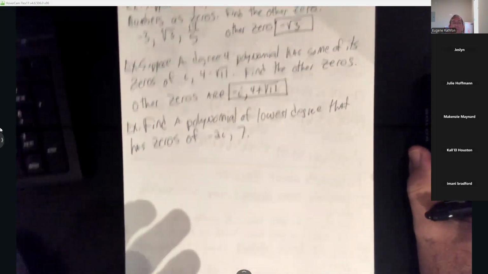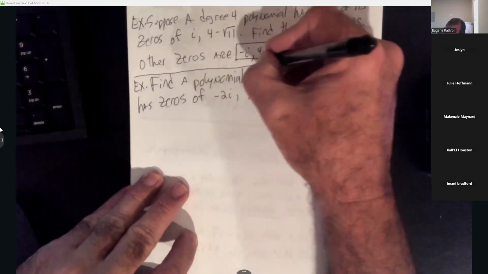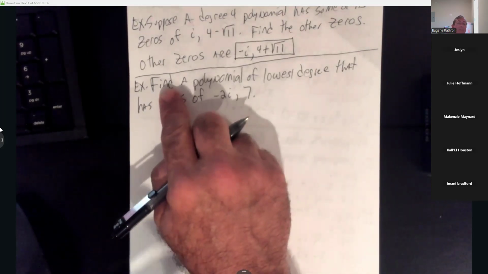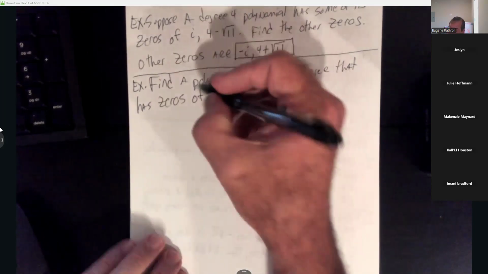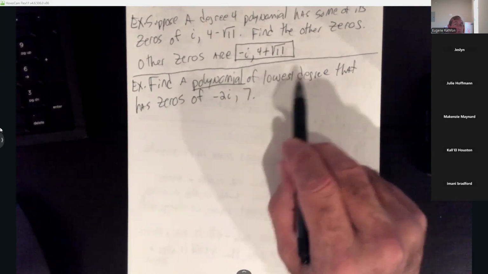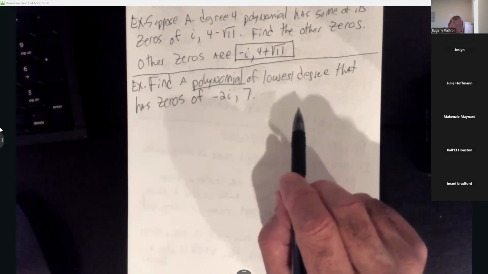All right, so look what they're wanting. Let me put a line through that because this is sort of changing. Now we're going back to finding polynomials again. They want you to find a polynomial of lowest degree. So they're not telling you the degree because there's things they want you to realize on this one.